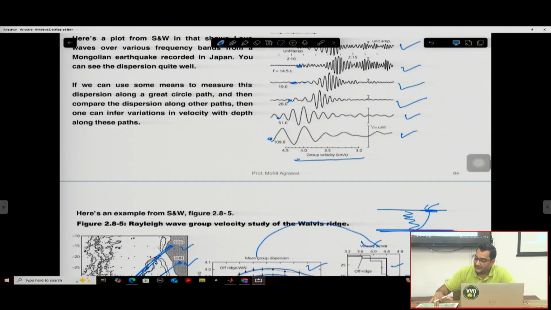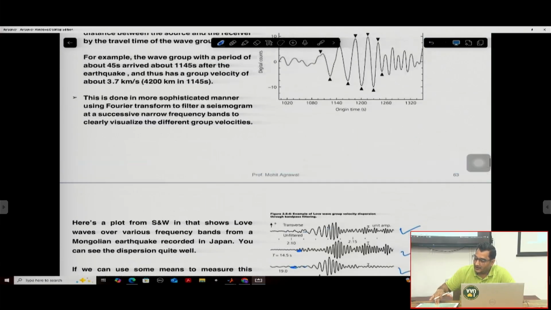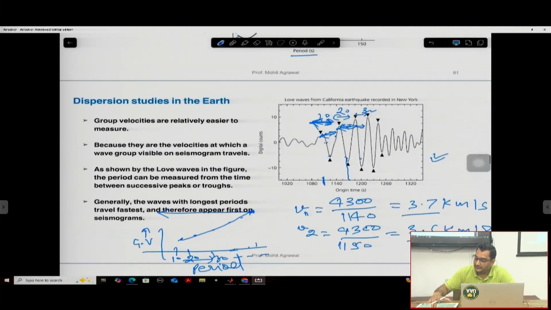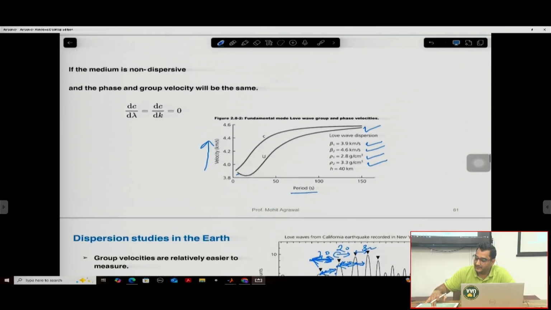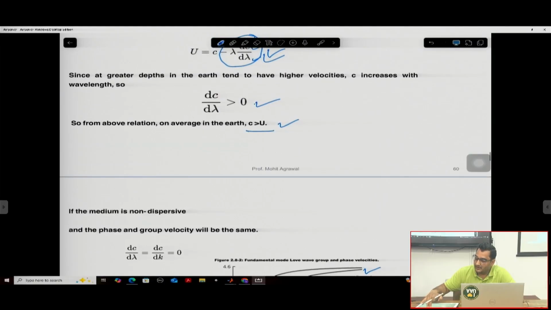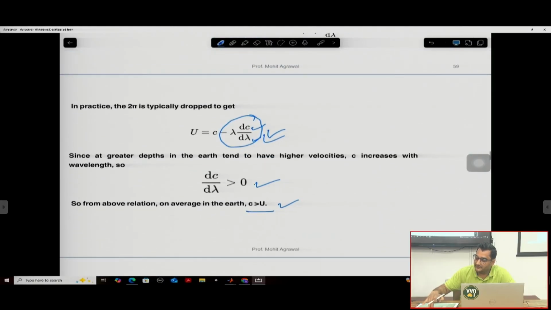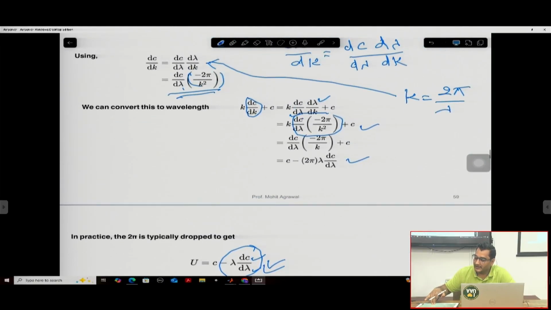Now, the dispersion curves that you have just seen, you can construct these dispersion curves in the field also.